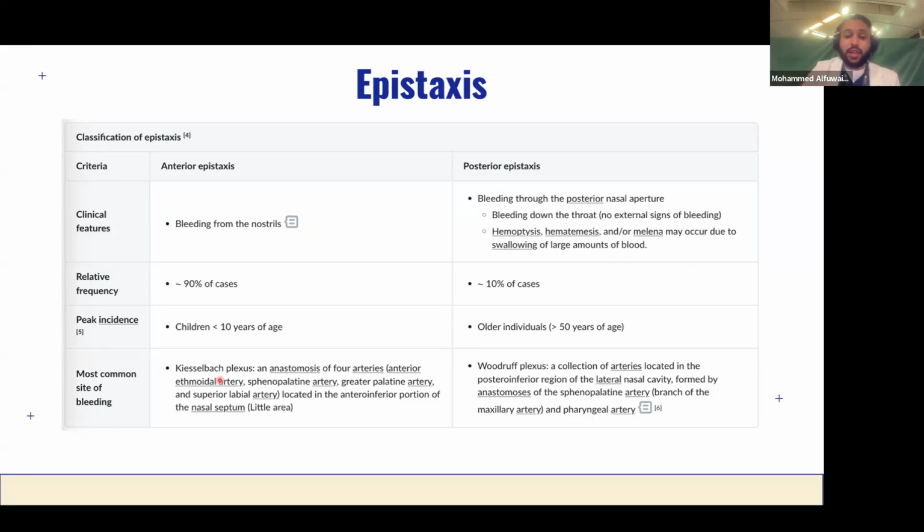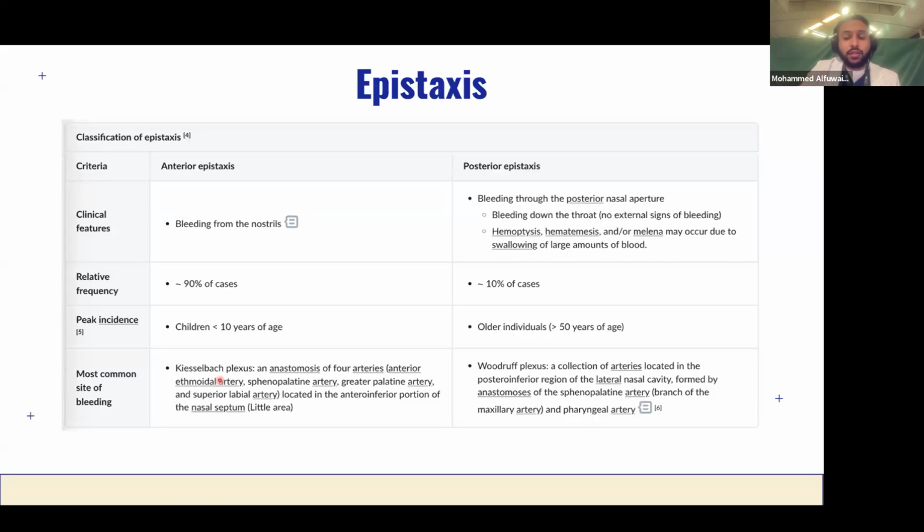So you compress 5 to 10 minutes. Okay, the Trotter method. Exactly. 5 to 10 minutes, head bend forward. Usually it will stop. Doesn't stop, cauterize. Doesn't stop, anterior pack until it stops. Doesn't stop, surgery. Okay. Posterior, you need to posterior pack it with a catheter.